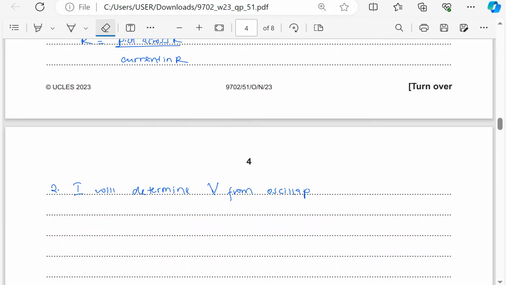Oscilloscope A. And how will I determine V from oscilloscope A? V is going to be the Y gain times the vertical displacement or vertical distance on the oscilloscope.